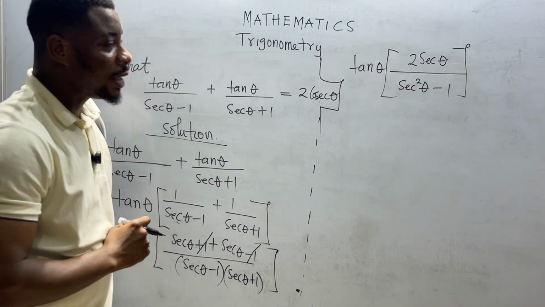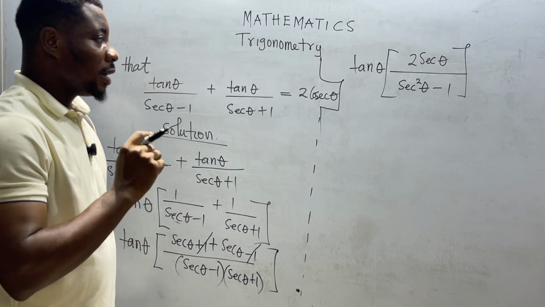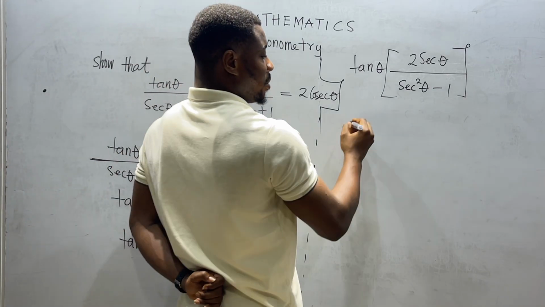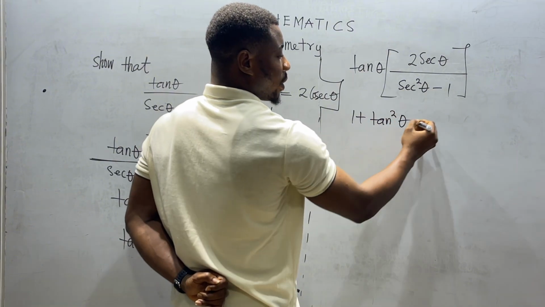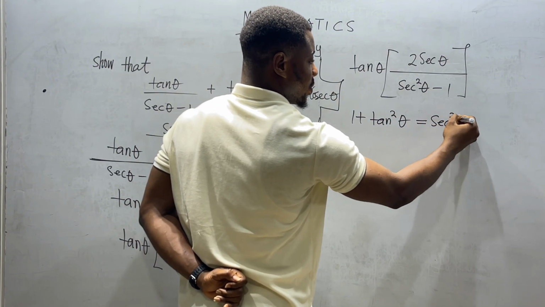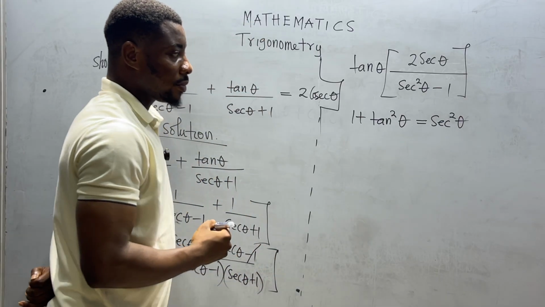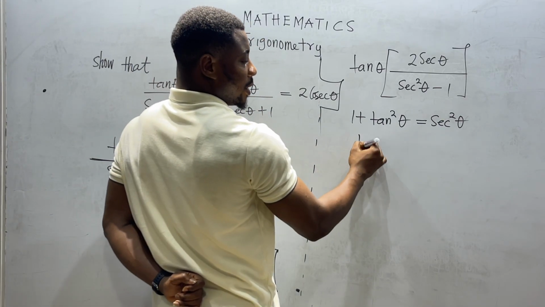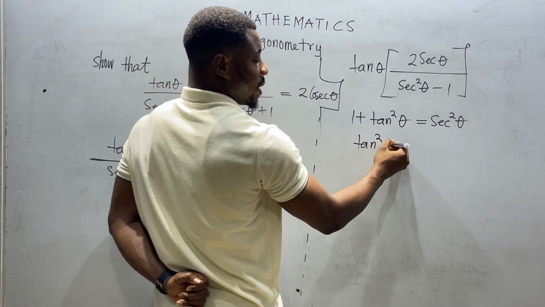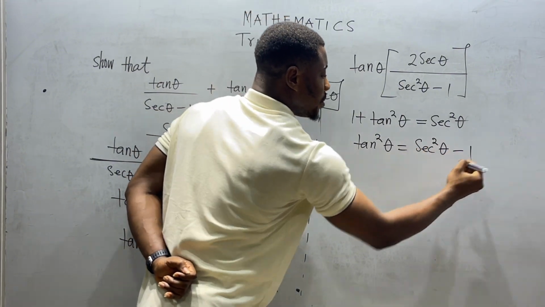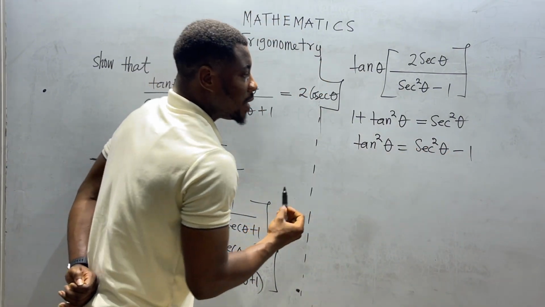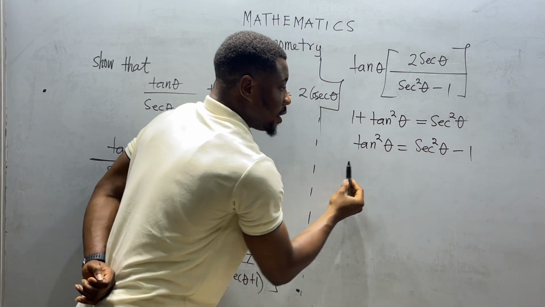Now you have to recall from trigonometric identities that 1 plus tan squared theta gives us sec squared theta. So if I make tan squared theta the subject, it gives us sec squared theta minus 1. So where I see sec squared theta minus 1, I can replace it with tan squared theta.